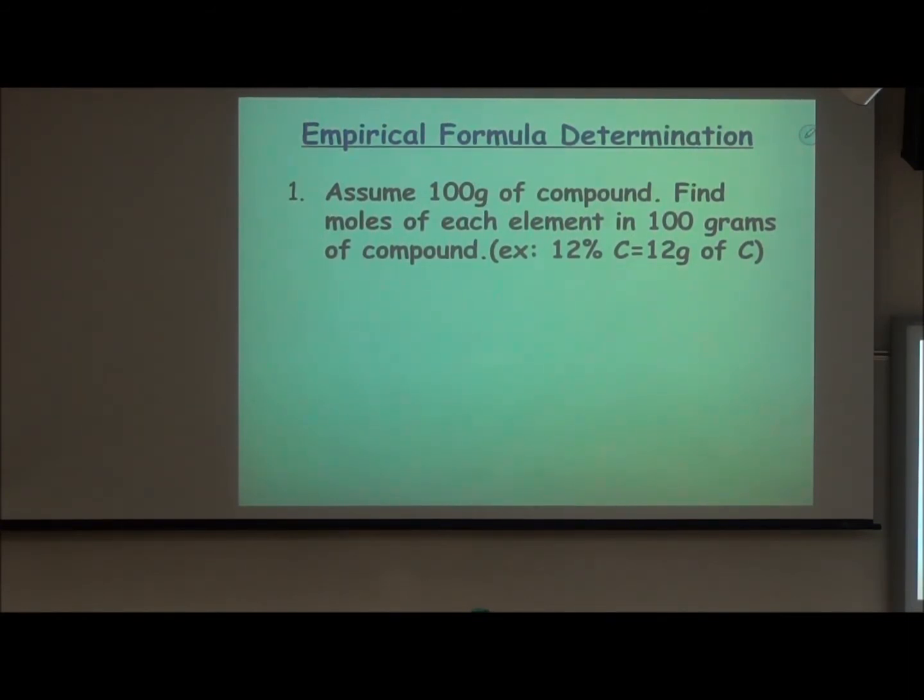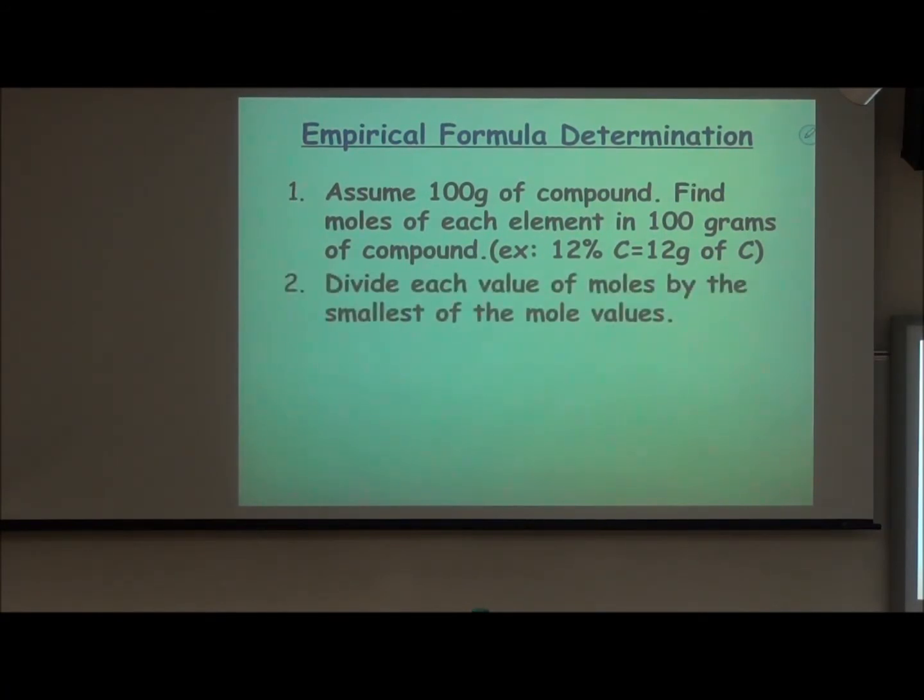So whenever you're given a percent of something, you're going to assume you have that many grams of that. Typically there's going to be at least 2, if not 3 or 4 different elements in that compound. So we're going to convert each of those values of grams into moles.